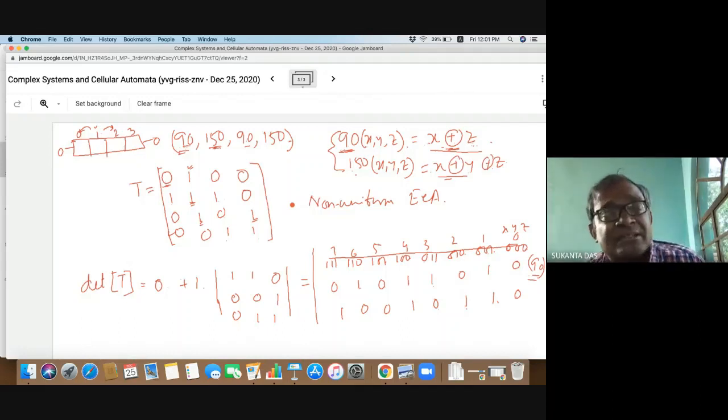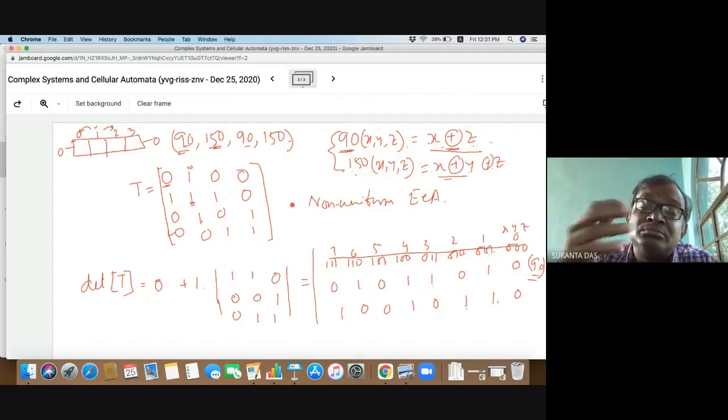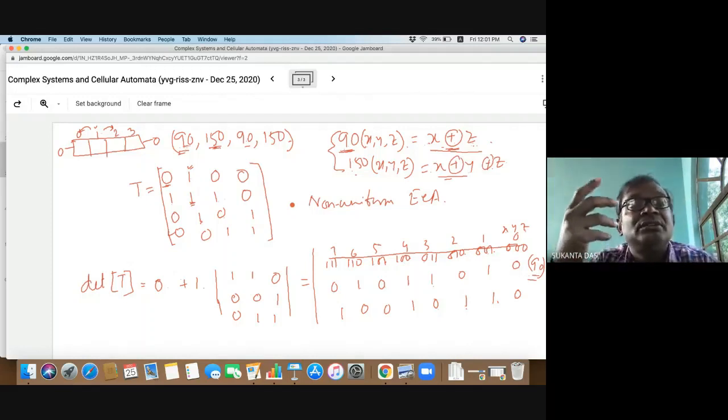Now today I am discussing, when this T is given, how we can decide from that T that the CA is reversible. The invertible matrix theorem says that you can do that. How? You can do it by just finding the determinant of the matrix.